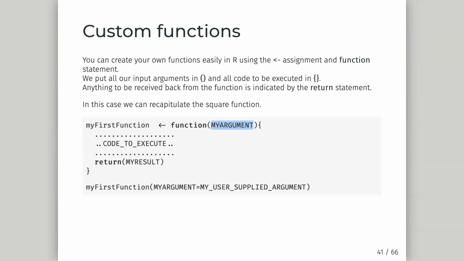This is the argument we want to be able to pass to our function, and this is the name of our function. When we run it, we would do myFirstFunction, just like we do with other functions, brackets, then we have one argument we need to fill, my argument, corresponding to here. We give it a value.